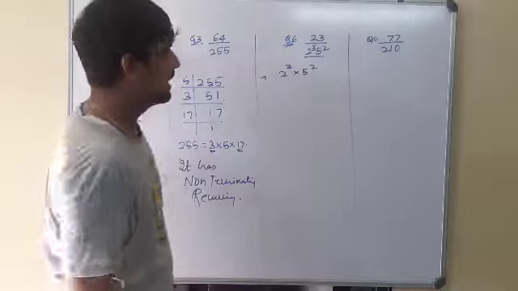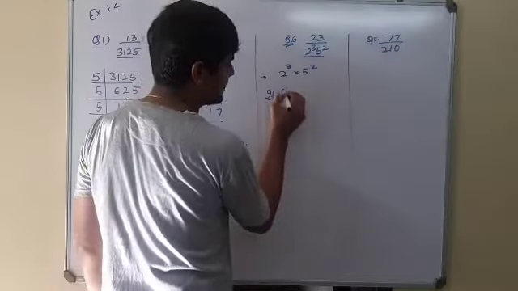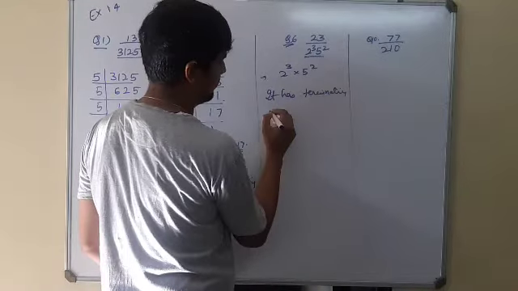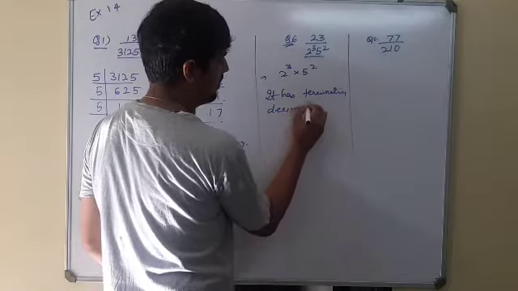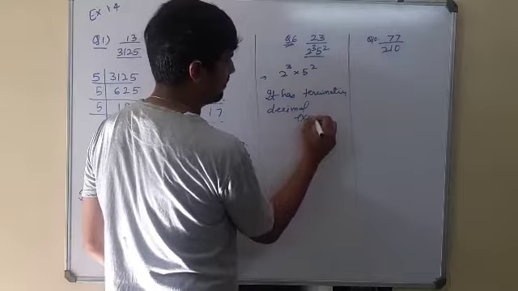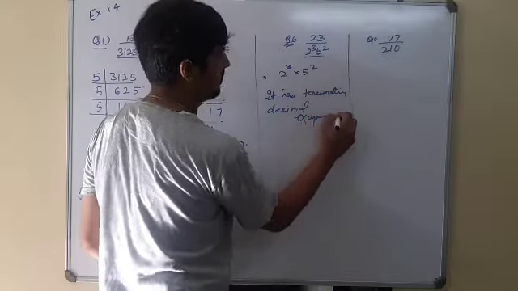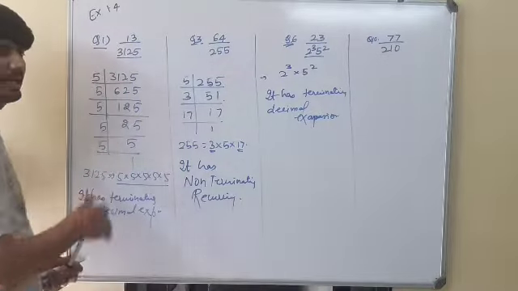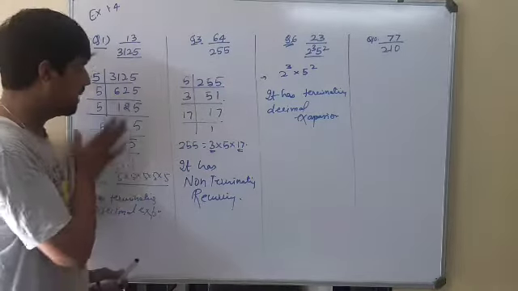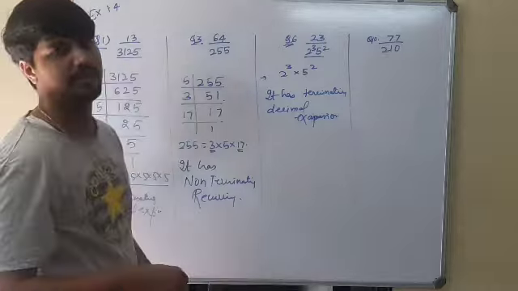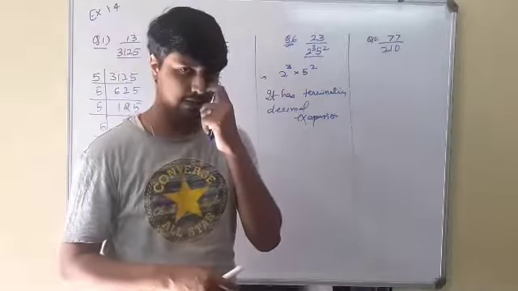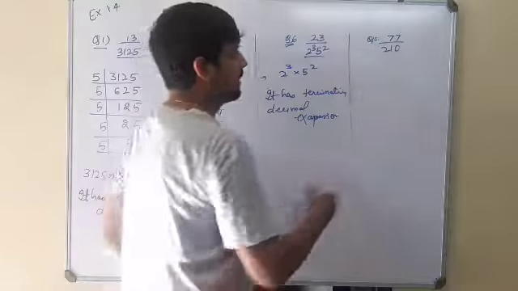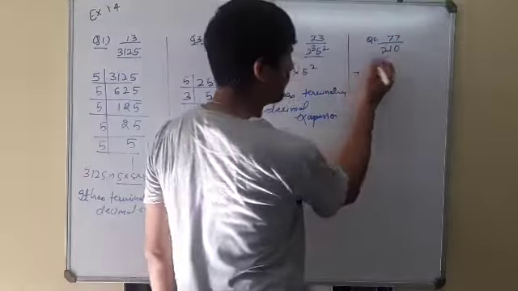So here we can conclude that it has terminating decimal expansion. I hope it is clear. So the numbers are given, we prime factorize the denominator, and by looking at the prime factorization we decide whether the number is having a terminating decimal expansion or a non-terminating recurring decimal expansion.